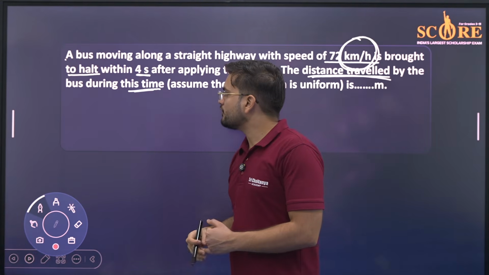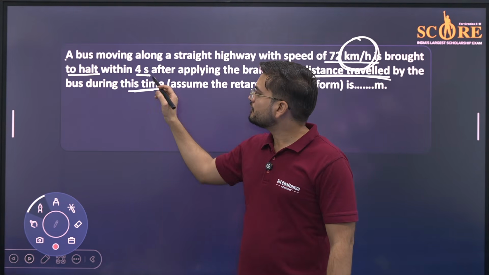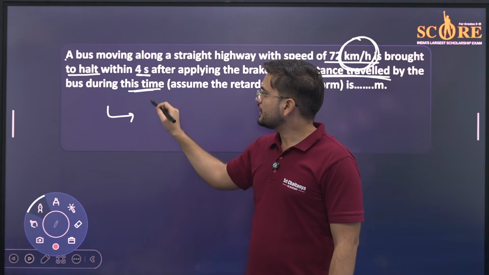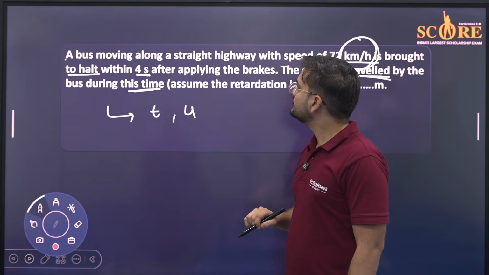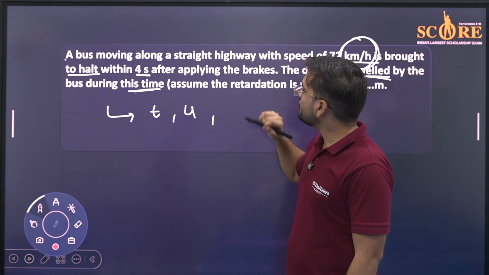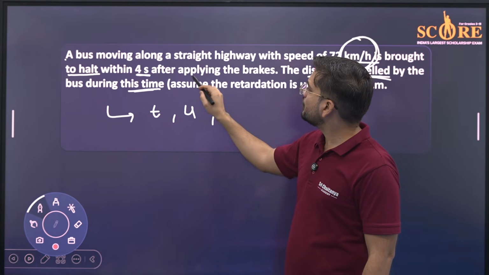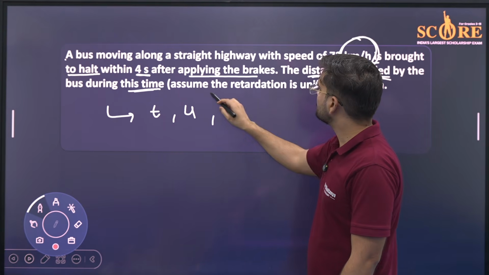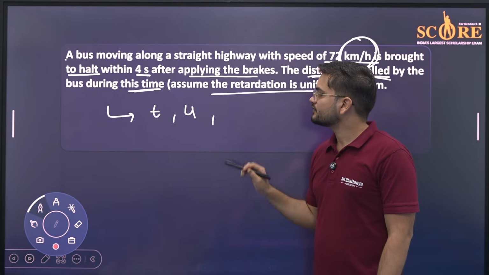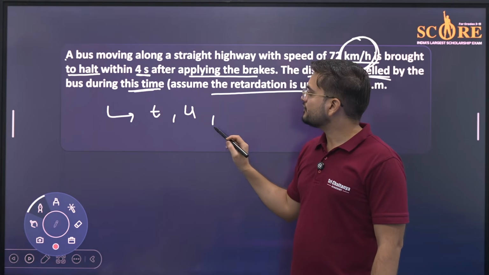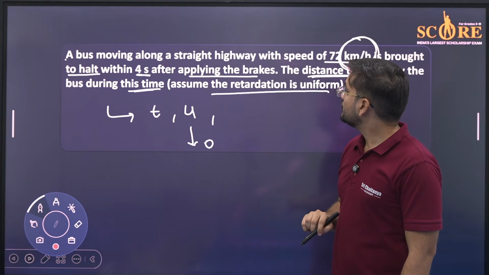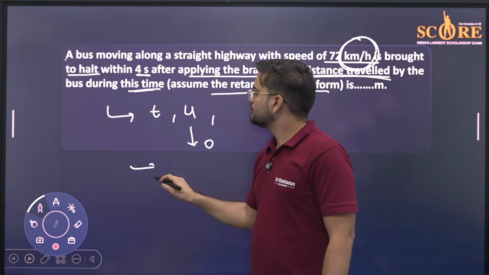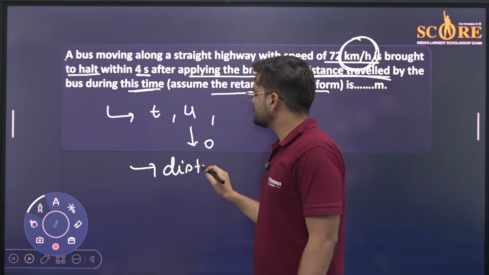What data is given? Time, speed, uniform retardation, the final speed is 0, and distance traveled is asked.